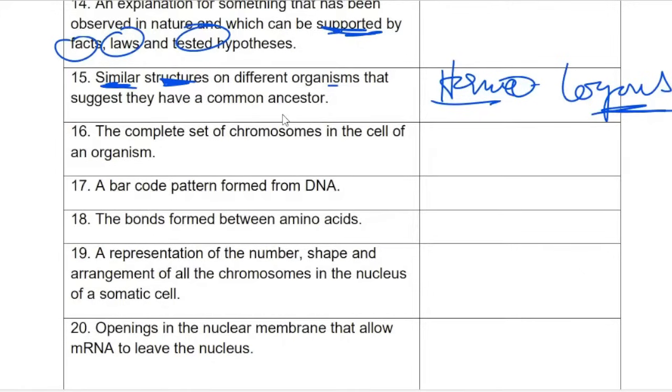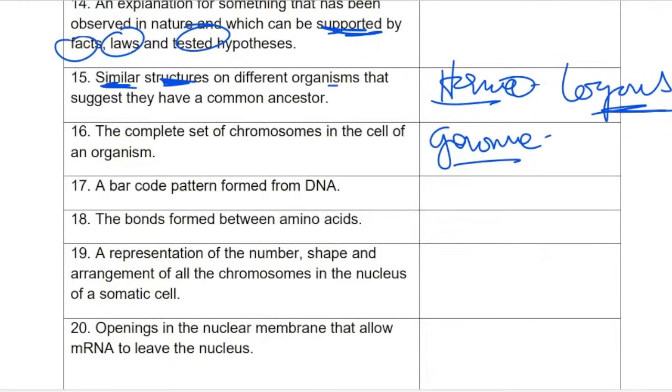Then they're saying that a complete set of chromosome in a cell. How do you call that complete set of chromosome? Is a genome. You confuse three things: genome, karyotype, and genotype.